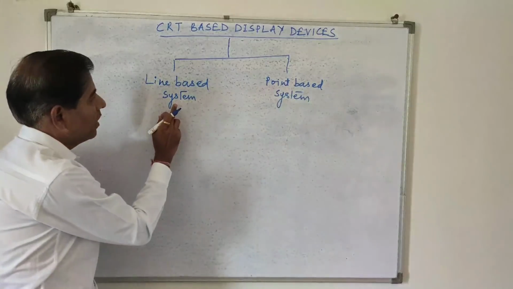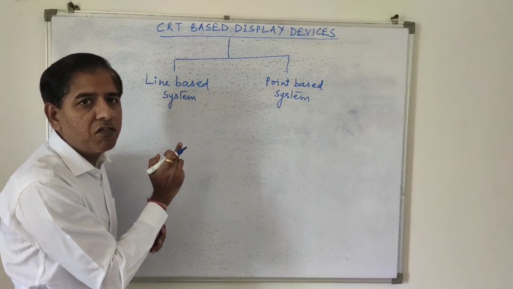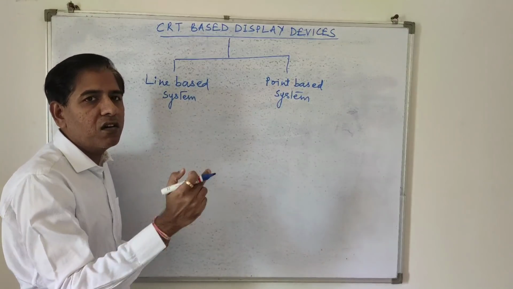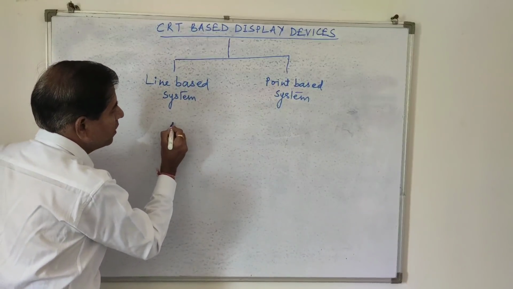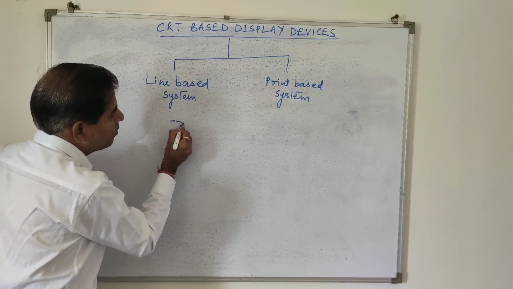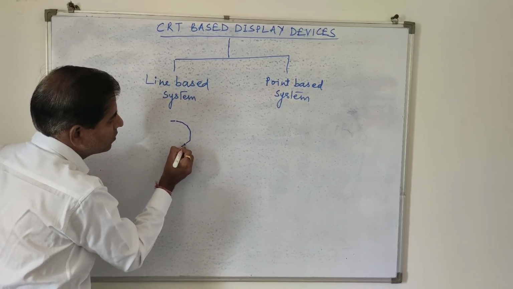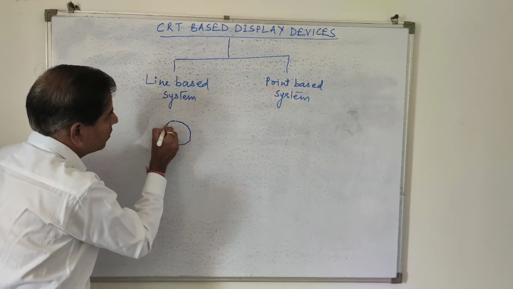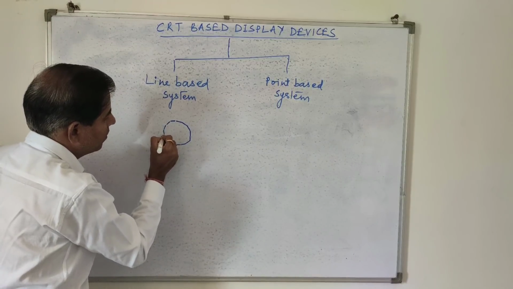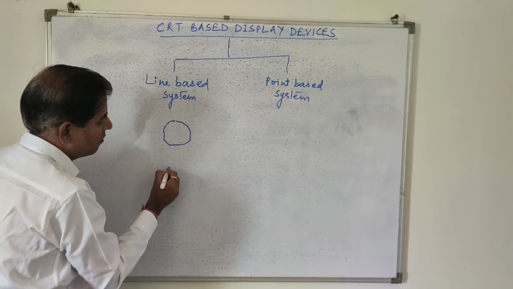For example, in line based system even a circle is made up of small lines, or any curve is made up of small lines.